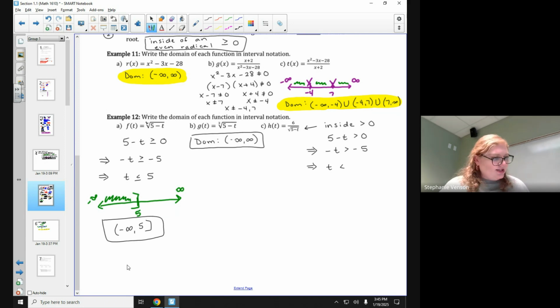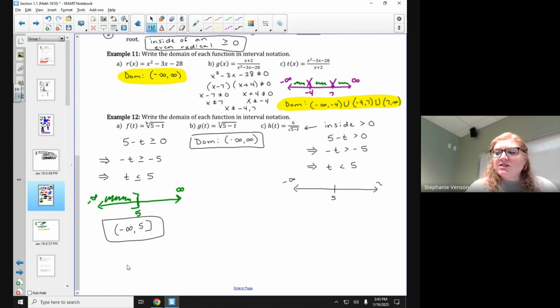T is less than 5. Okay, so that's the same thing we had before. So if we're picturing a number line, it's kind of the same thing, right? So this side of the number line. Only difference is that's a less than symbol, so it's going to get a parenthesis. So we're going to say negative infinity to 5.